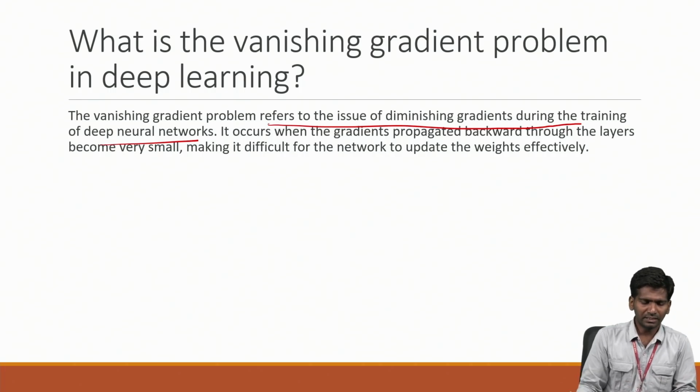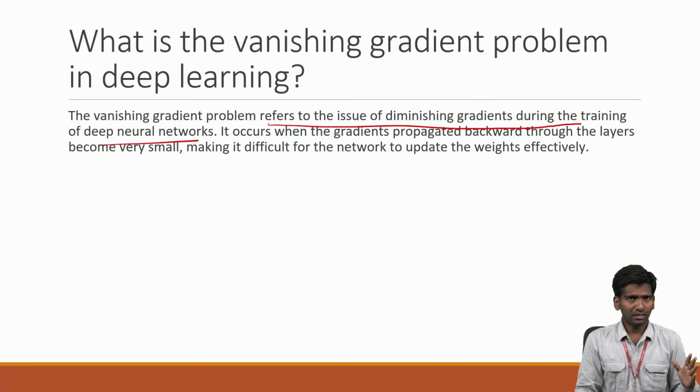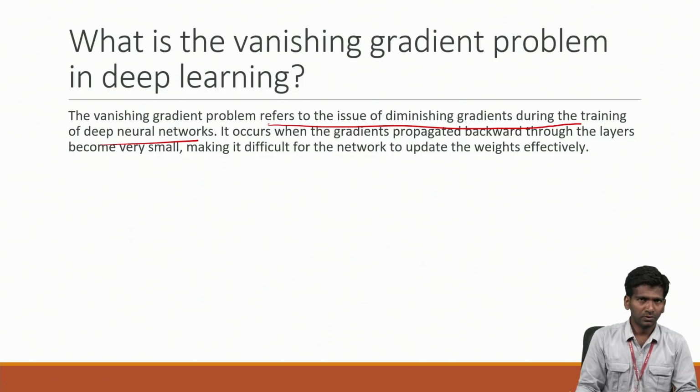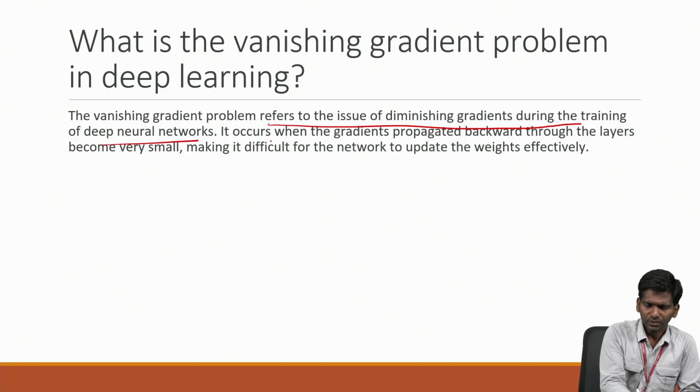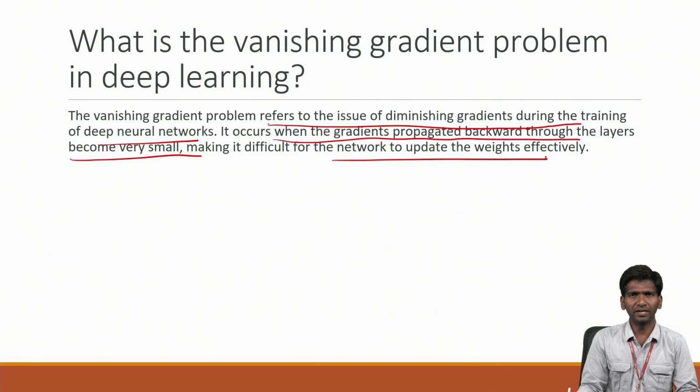In contrast to deep learning, the neurons get depleted and may not come into the actual architecture where we are trying to create a model. It occurs when gradients propagate backwards through the layers and become very small, so they do not help in supporting the weight updation.